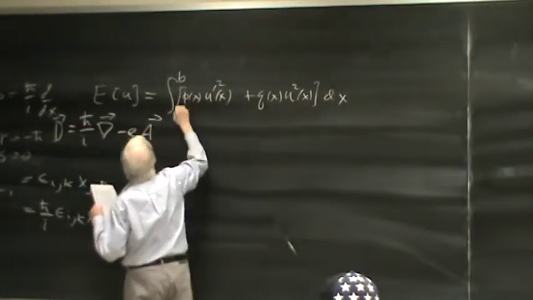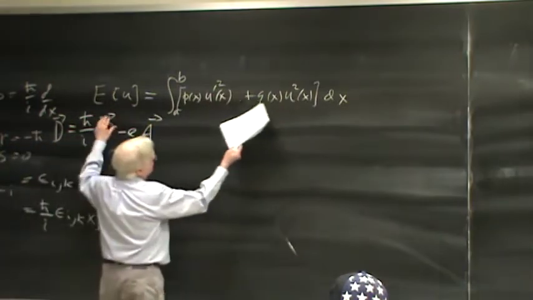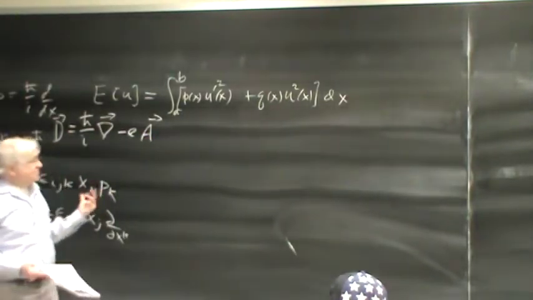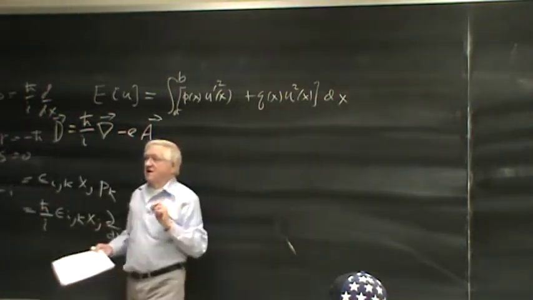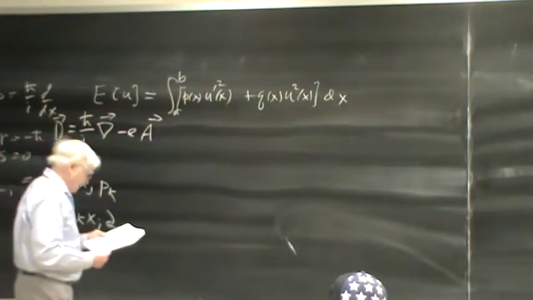So this is, if you want, the energy that one minimizes subject to u being normalized, and we'll see that that generates the Sturm-Liouville eigenvalue equation.